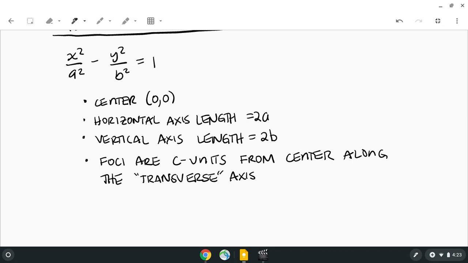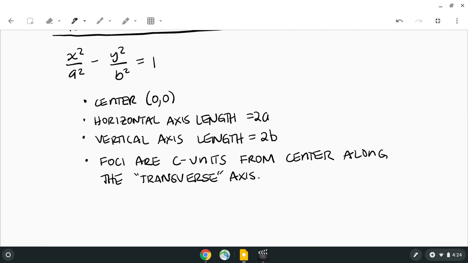And I'll tell you how you can tell if the main axis is the horizontal one or the vertical one. I'll tell you that in a minute. Here, let me give you the formula for C first, and I'll tell you how to tell.